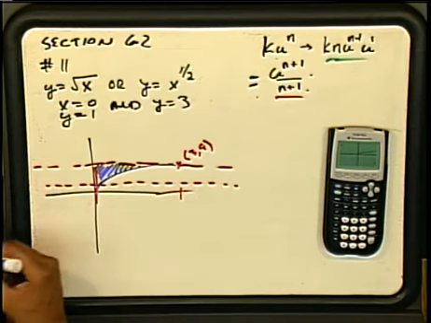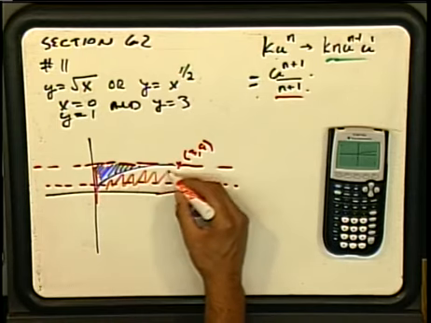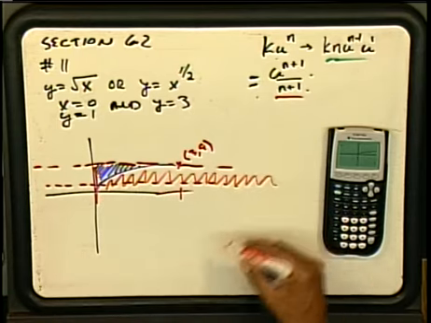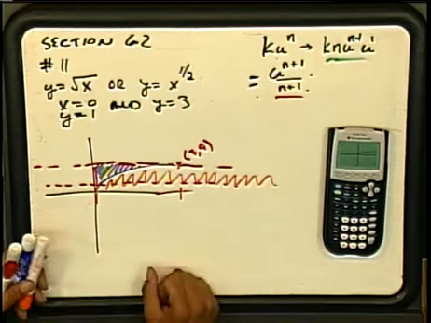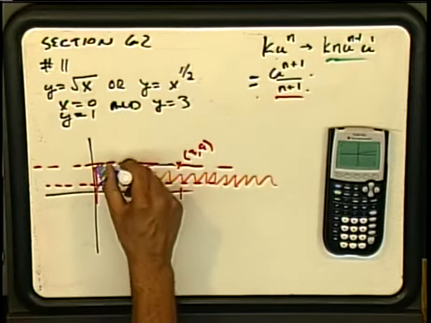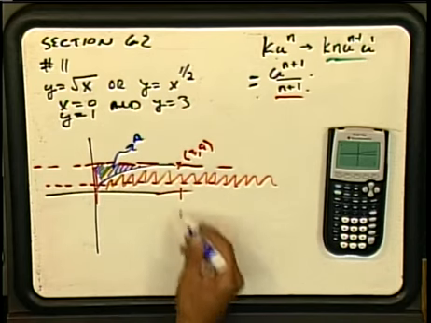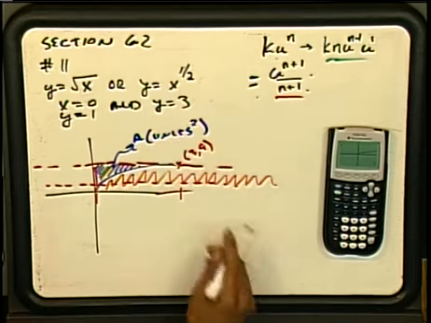It couldn't be this boundary because it doesn't close. It just keeps going. So we want to find the area of this region, in units squared.